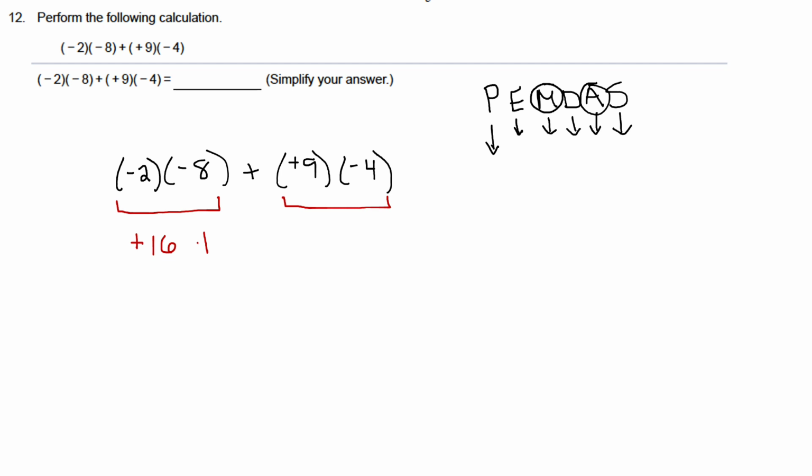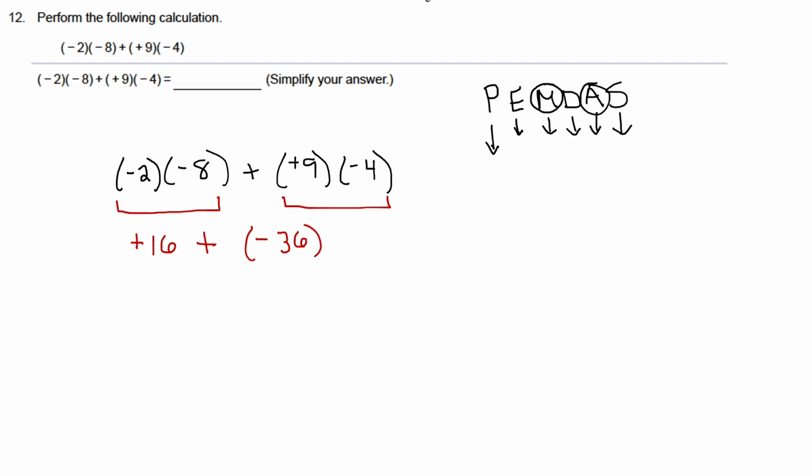Next, I'll bring down the plus sign in the middle. And now I have to multiply a positive 9 times a negative 4. A positive times a negative is a negative, so my answer is going to be a negative 36. Now I want to add these two numbers together.